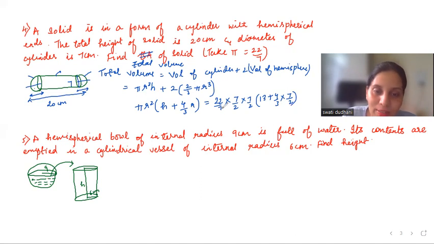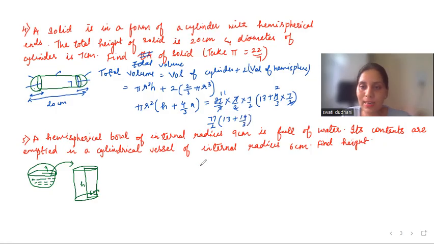So now here we will reduce. 7, 7 cut, 2 ones are 2, 11s are 11. Here I can cut 2 ones are 2, twos are 4. So ultimately we get 11 into 7, 77 by 2, into 13 plus 7 into 2, 14 by 3. Yes. So upon simplification, 77 by 2 into, here let us take the LCM, which will be 3.